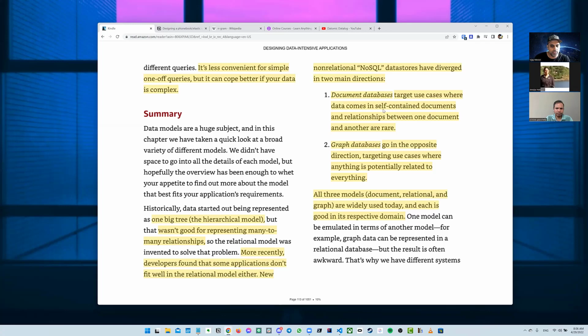Document databases are good for self-contained documents and relationships, whereas with graphs, basically everything is related to everything. So all three models are used today: document, relational, and graph, and each is good for its own domain.